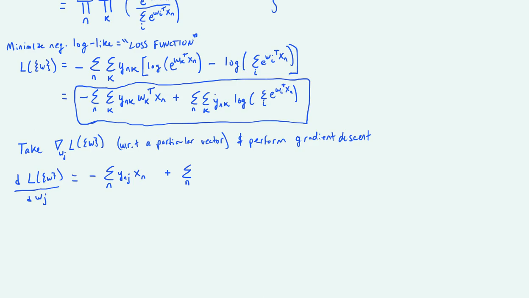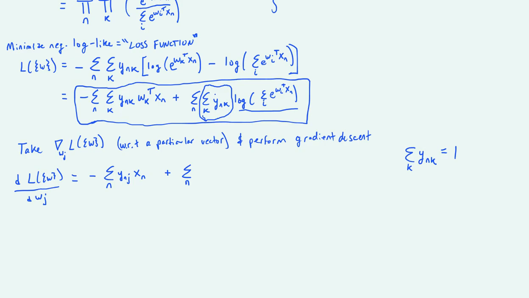And here we're also going to notice that the only thing that depends on k is this ynk term. And so essentially what that's going to do is pull out exactly one of these log terms. Just to remind ourselves, the sum over all k of ynk for any given yn is going to be equal to 1 because it's a one-hot encoded vector.